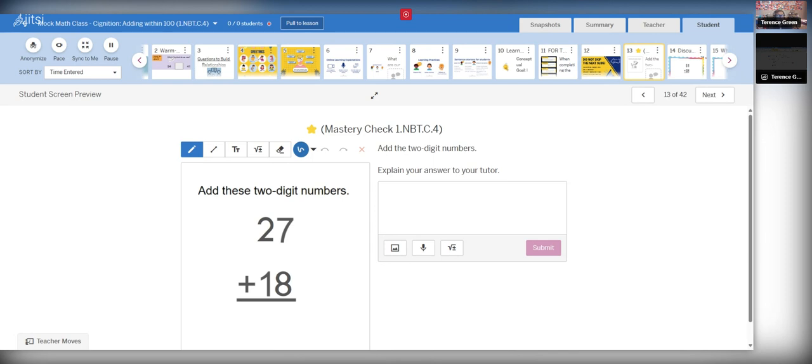Okay, we have about 30 seconds left. I think you guys are just about finished. So we're going to stop our timer here. Looks like everybody's finishing up.